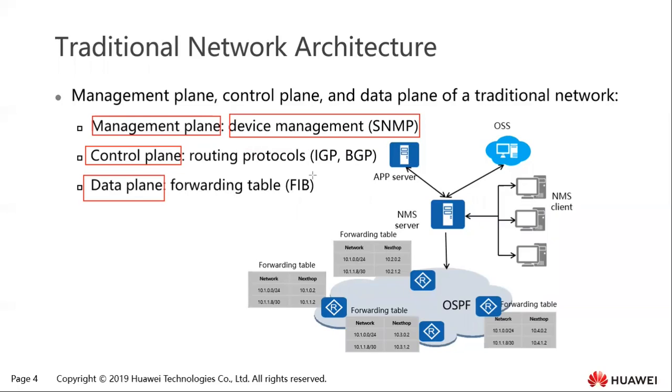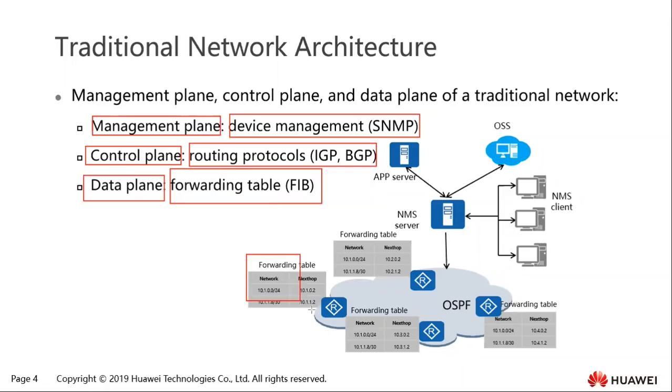I think this is one topic that we covered earlier. As we've said, on the control plane, you're using protocols to calculate routes. Then the best routes are installed and are used to forward data packets from the FIB, or the forwarding information base, which is the forwarding table on the data plane.